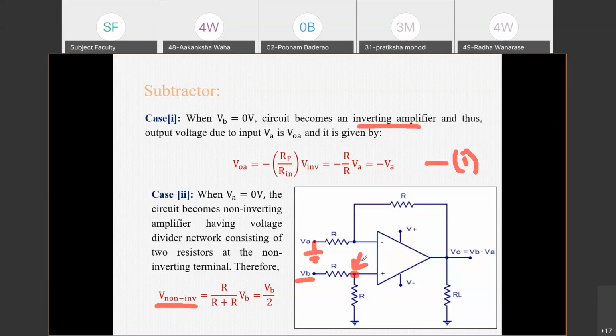So how will you decide the value of this voltage? If you observe this network carefully, it is nothing but a voltage divider network. We have already seen this in voltage divider biasing.